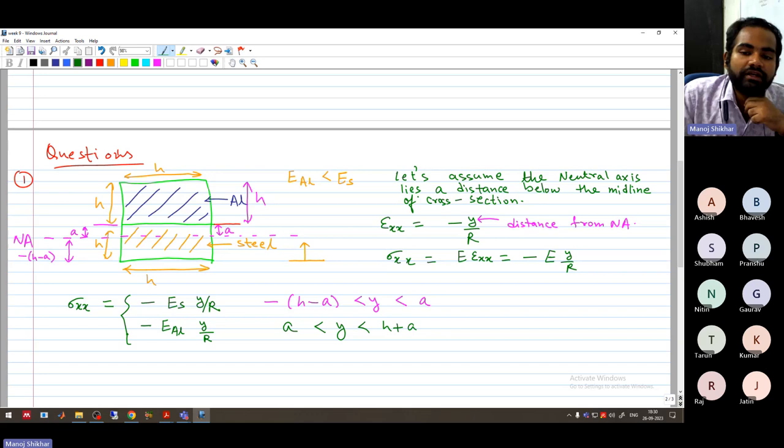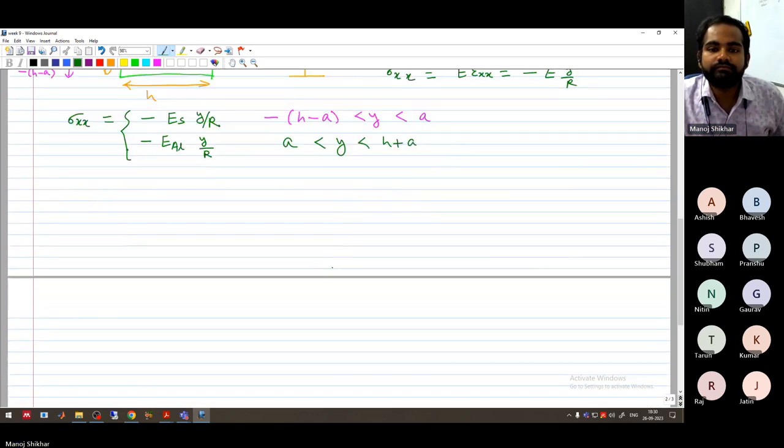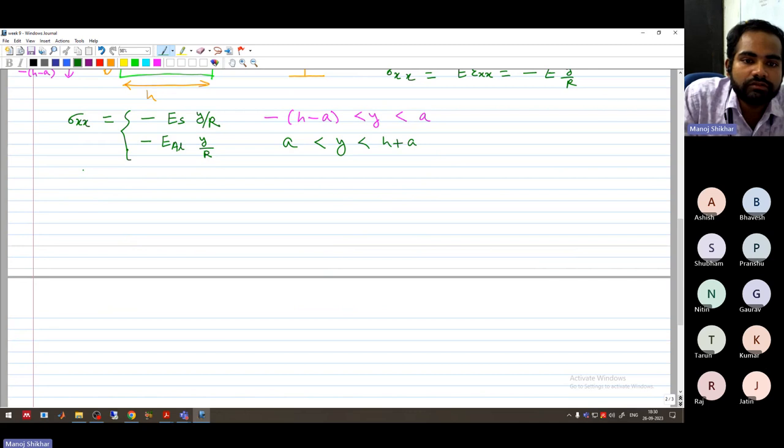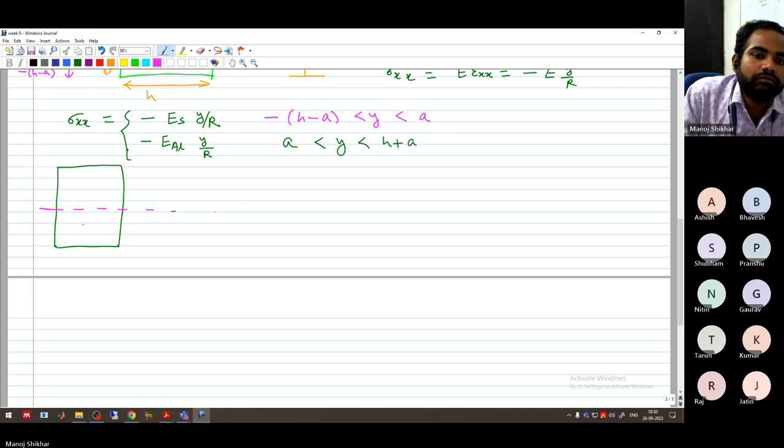Strain is continuous. If I draw the stress and strain, suppose this is our cross section and this is our midline, and this is our neutral axis.